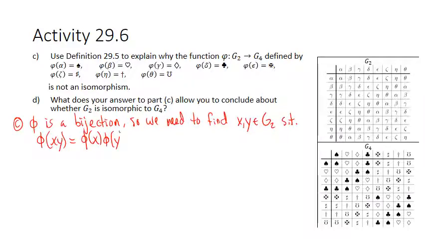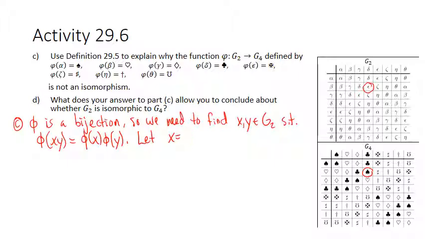So let's just see if we can pick some random ones and see if they work or not. I think I'll focus on a part where the table starts to look pretty different, right around here maybe. Heart? Oh no, I'm supposed to be picking elements from the first set, right?